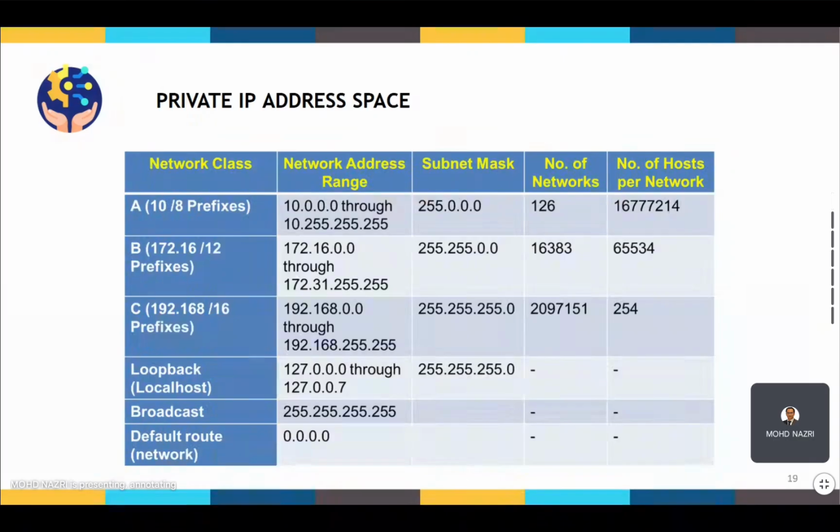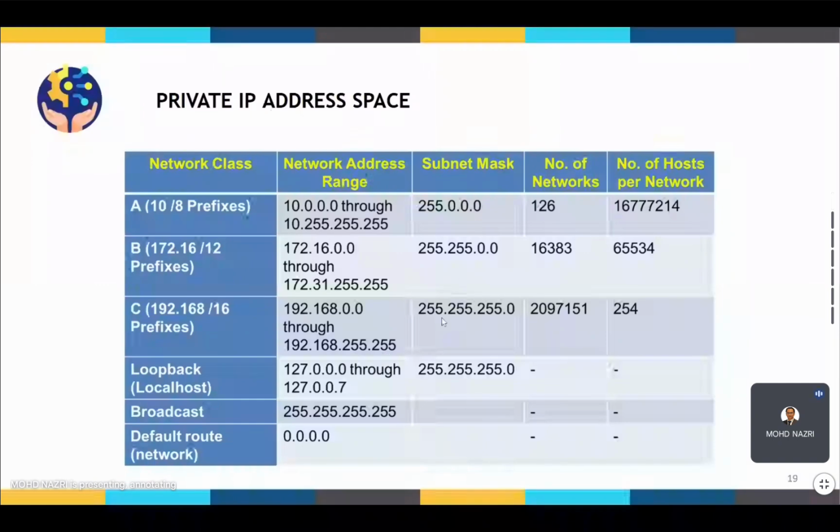For class C, sometimes we call it the 192.168/16 prefix. The network address range in decimal starts from 192.168.0.0 through 192.168.255.255. Normally there is one network address range.